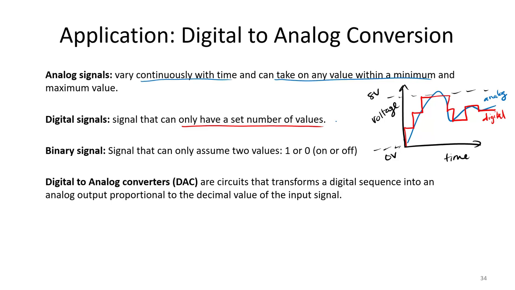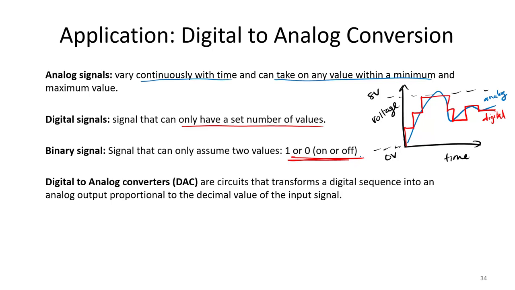Compare that with an analog signal, where you could take on an extremely large number of values within the range. And in particular, we talked about binary signals in our previous slide, so it's also possible to have signals that can be either a 0 or a 1, just an on or an off.